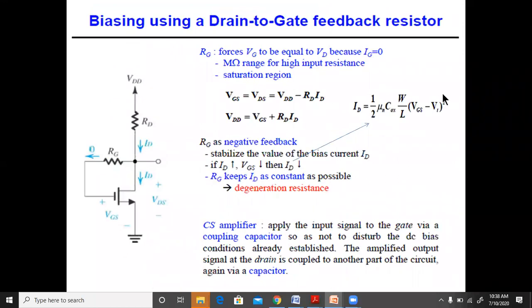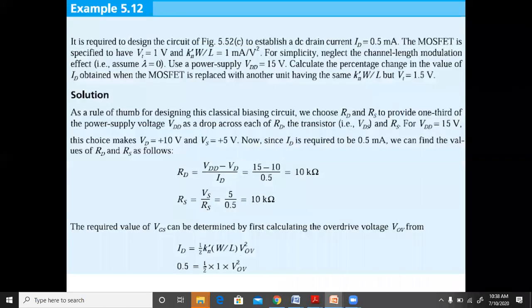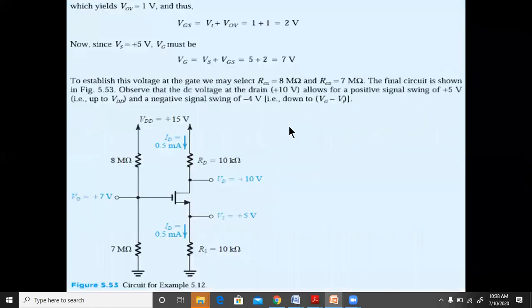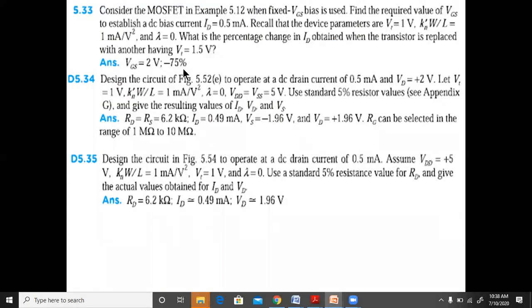Now VGS is equal to 2 volts only, and VT will be equal to 1.5, with Kn dash W by L the same. Find the new value of ID, and the difference in the two IDs divided by the original ID will give us the percentage change. That value turns out to be minus 75 percent.